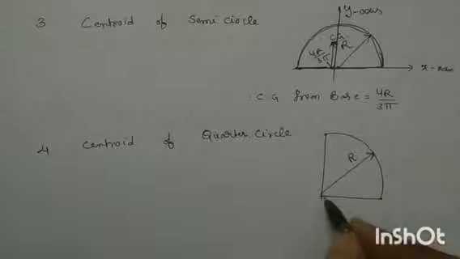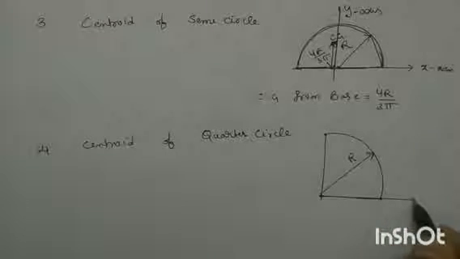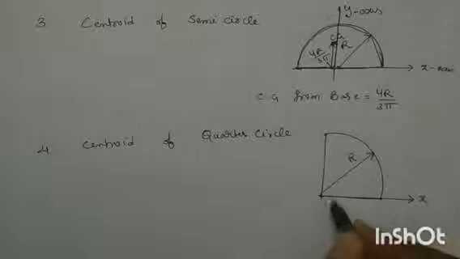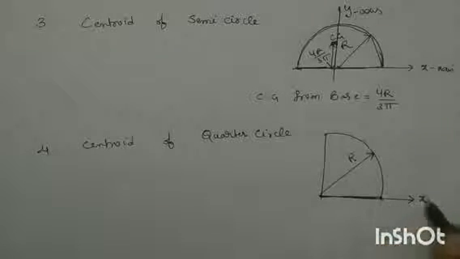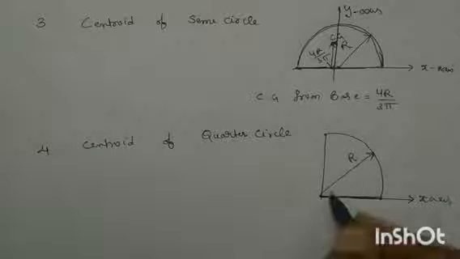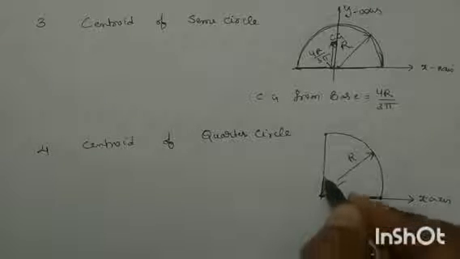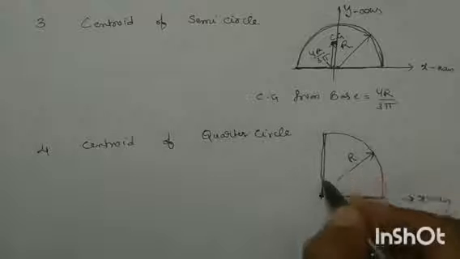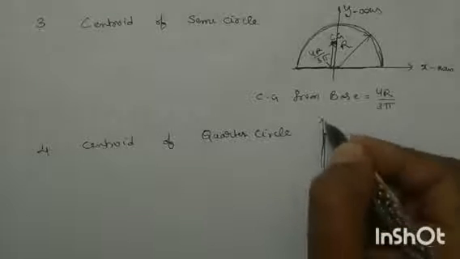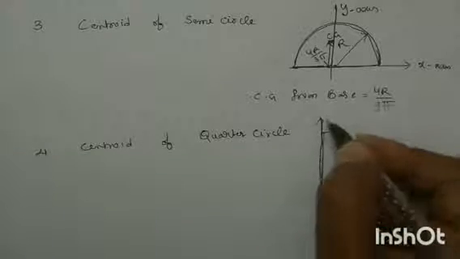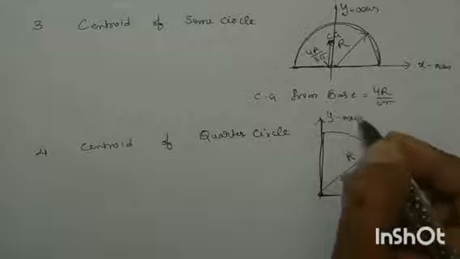Now if you observe that this is the base of the quarter circle, this is the horizontal base, you consider it is x-axis, and if you observe that this is the vertical base, right? So you take this vertical base as y-axis.